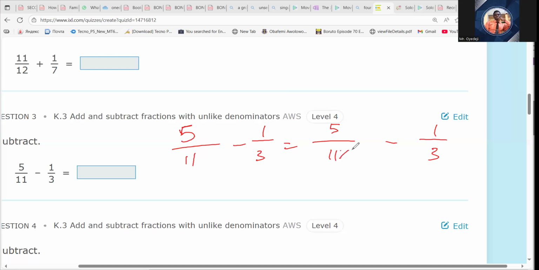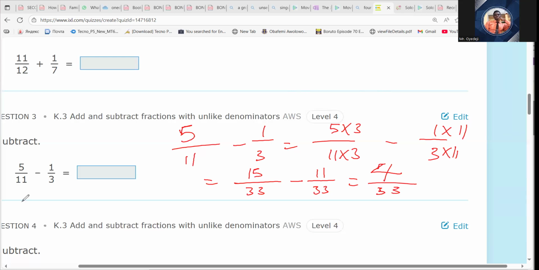So we have to do times 3 and times 11. So we have 15 over 33 minus 11 over 33, which equals 4 over 33.